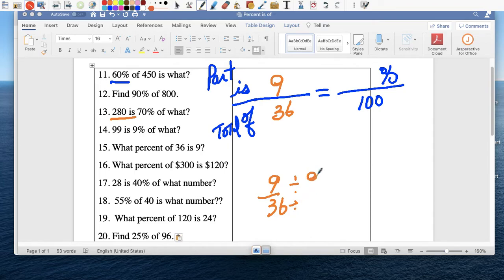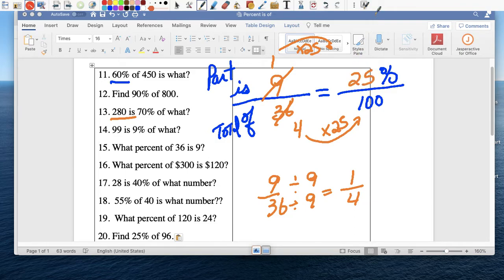Well, we can divide by 9. 9 divided by 9 is 1. 36 divided by 9 is 4. Now look how easy that is. 1 times what is 100? Times 25. So aquí también, times 25. And we're going to get 25%.